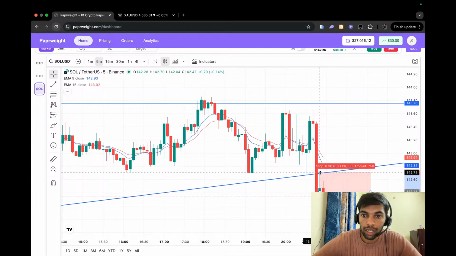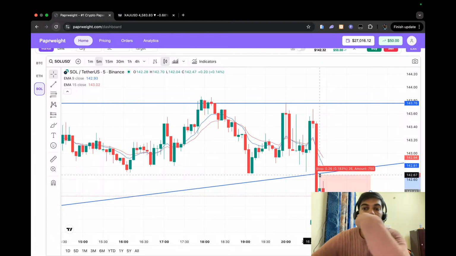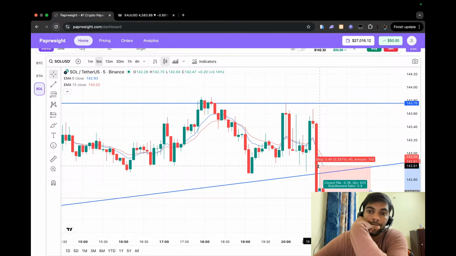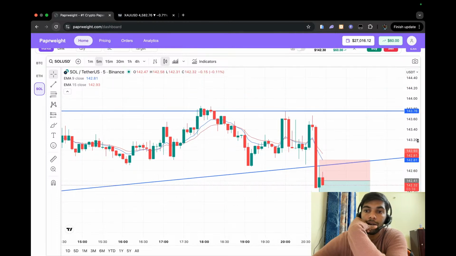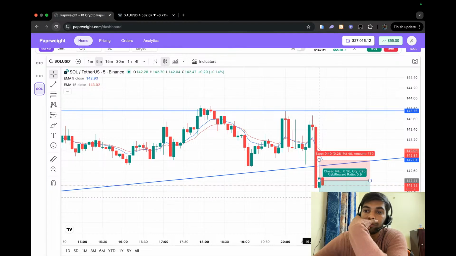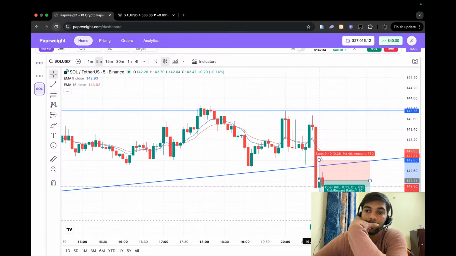My stop loss would be at this point, the EMA. My target would be at least on a ratio of 2, maybe.